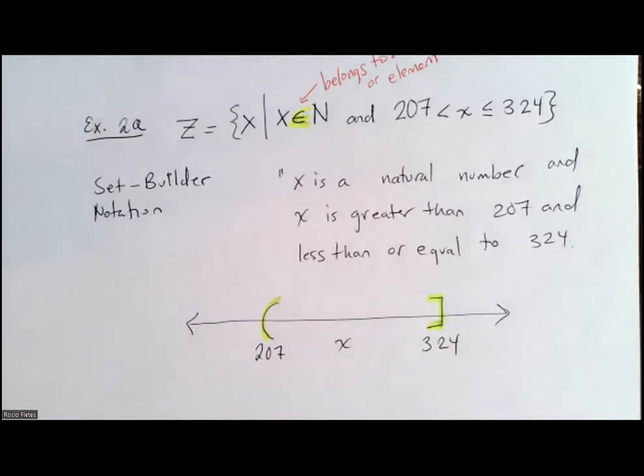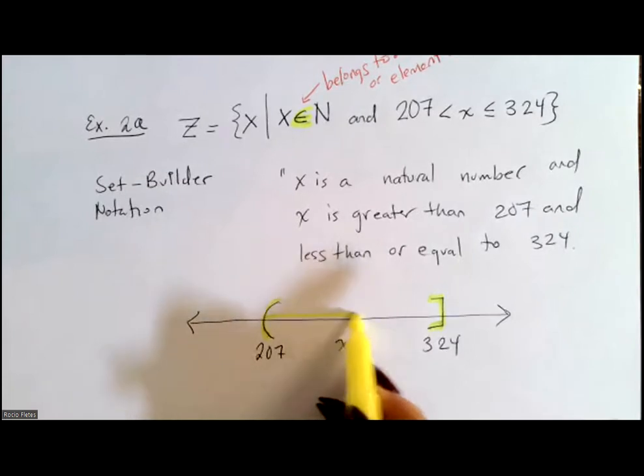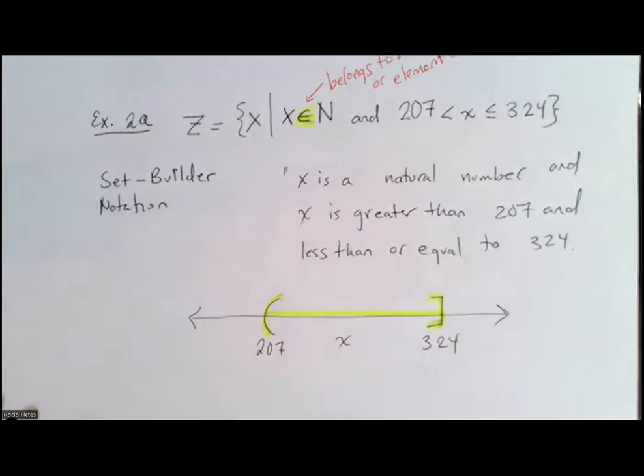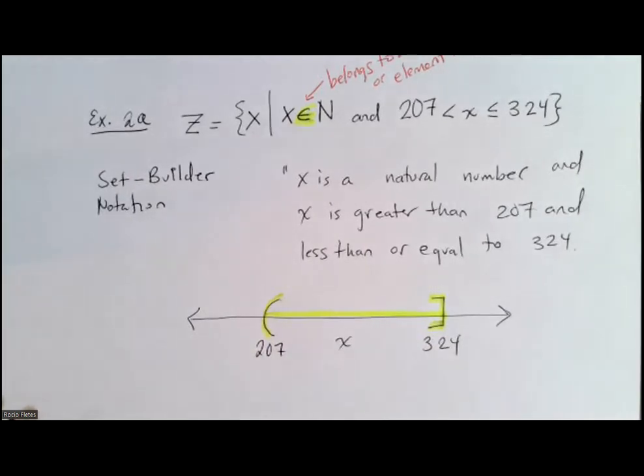Any number between these two numbers, not including 207 and including 324, x can be any number between those, as long as these restrictions are satisfied.